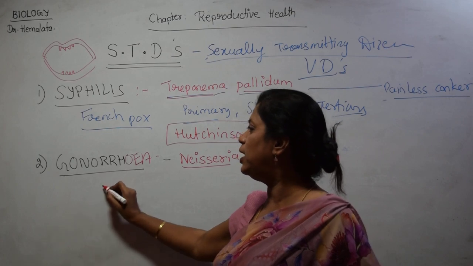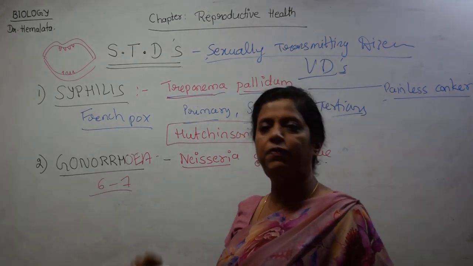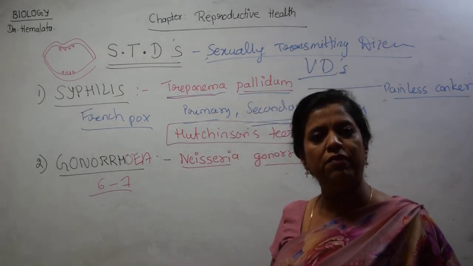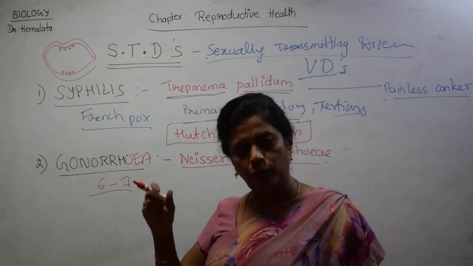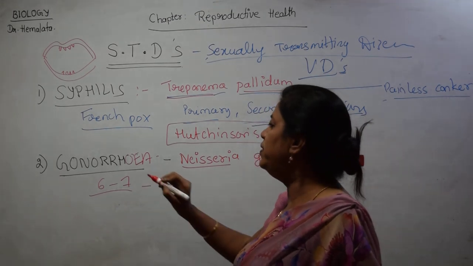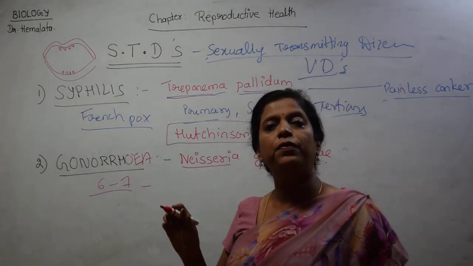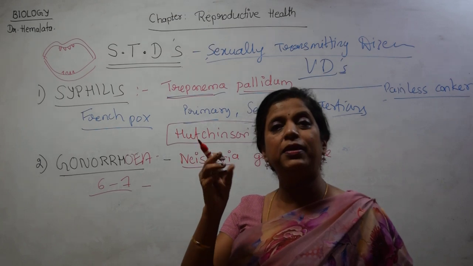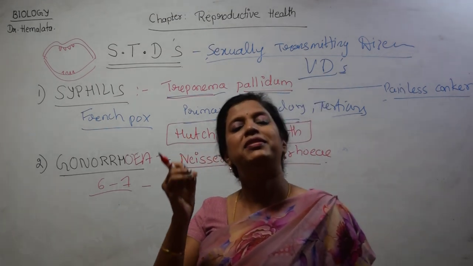The symptoms start between 6 to 7 days after having intercourse with an infected person. It transmits through the semen and through the vaginal fluids. After 6 to 7 days, they develop a kind of pus-like secretion from the sexual organs.